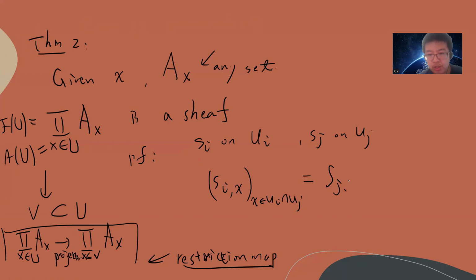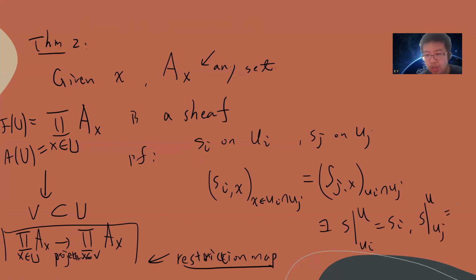So here s_j restricted to U_i ∩ U_j, and you want to prove that there is a section s on U such that s restricted from U to U_i should be s_i, and s restricted from U to U_j should be s_j. But this is trivial, right?